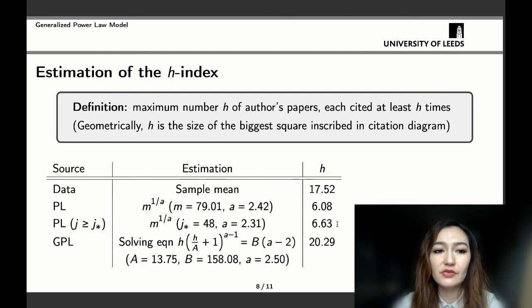We can see that the truncation point, 48, is much larger than 17. So the power law with truncation is not actually describing the part we need. The GPL model gives 20.29, which is the closest to the real H-index 17.52.